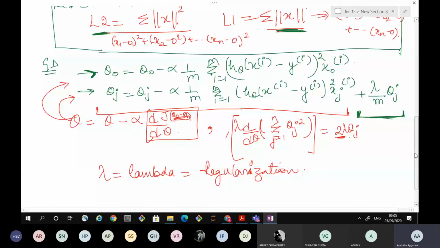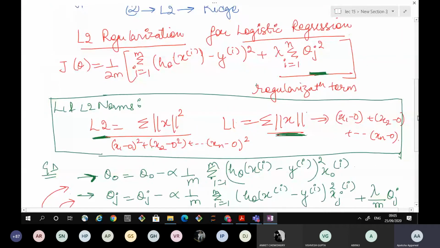What we were doing is multiplying by 1 by 2m, so it becomes lambda by 2m sigma of theta j square, and if I take the gradient of theta j square I get 2 theta j, and that 2 cancels with this 2. I get lambda theta by m.